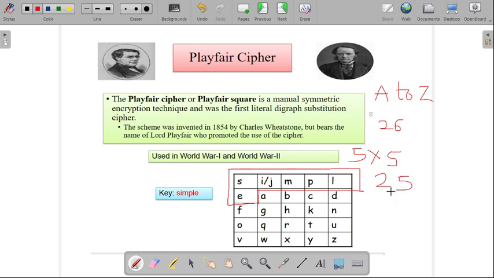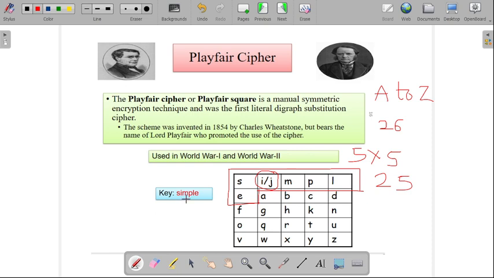So how will the characters be placed? According to the Playfair scheme, the I and J letters will be placed in only one place. That's why our 26 characters will fit in the 25 blocks.